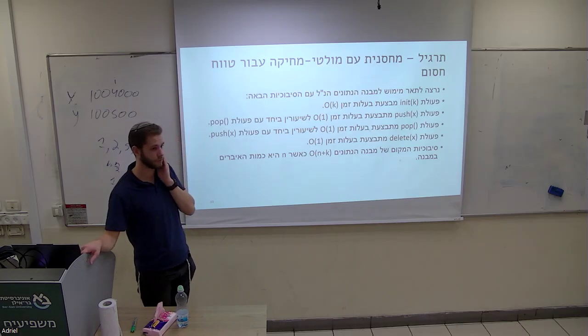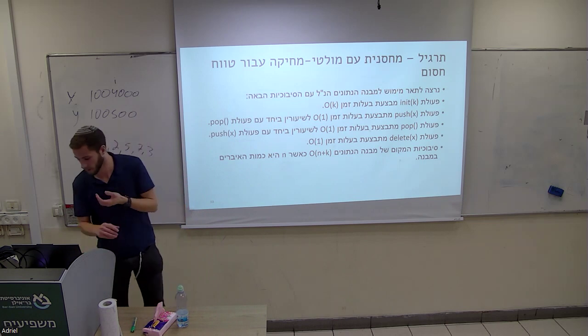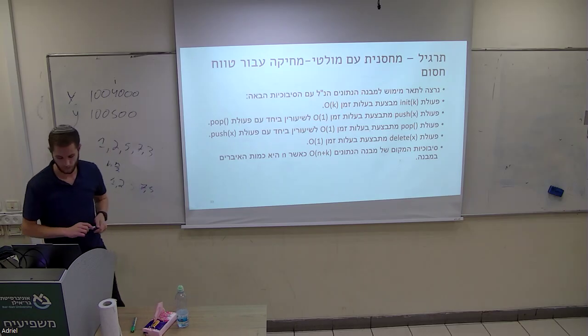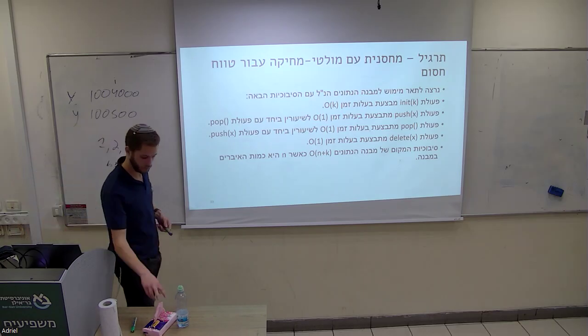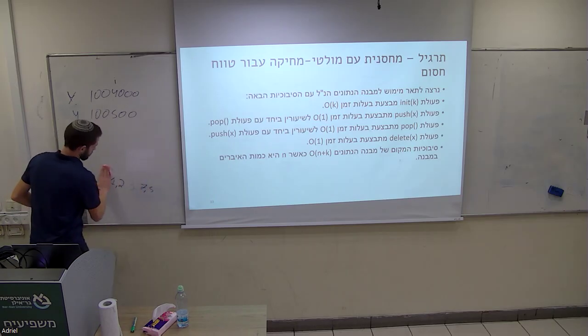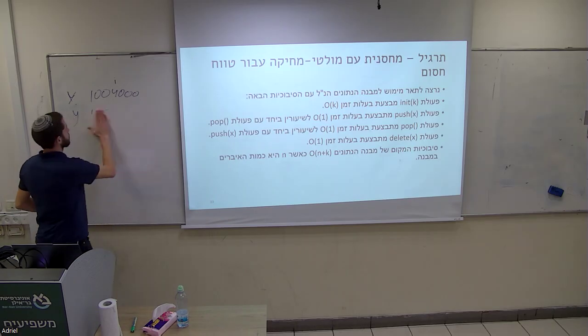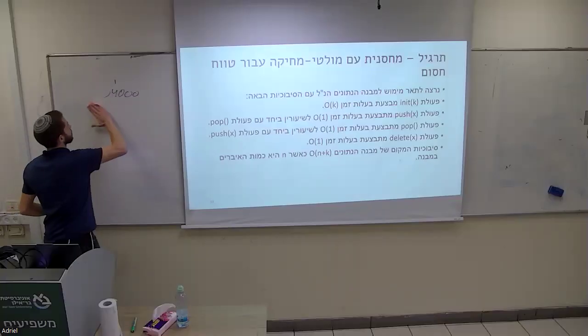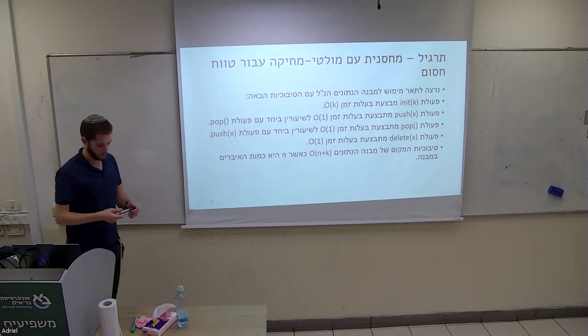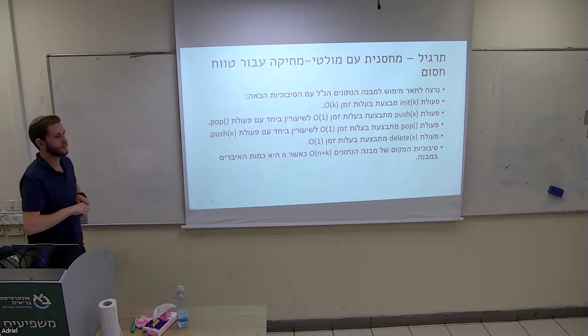You need an array of size k, which is the number of elements, and then you have pointers there to the last element. The problem is that delete takes out the whole set of appearances of an element.